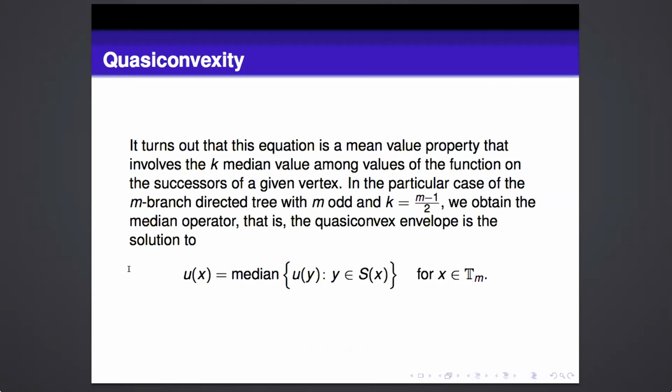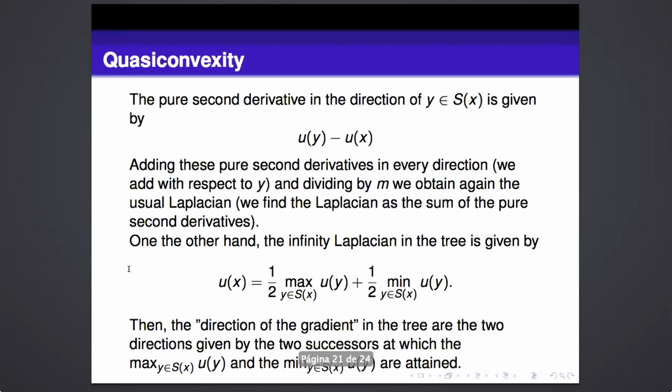Okay, in terms of the parallel that we made with the equations in the Euclidean setting, what is the second derivative? A pure second derivative is going to be for us the difference between u of y minus u of x for some y a successor of x. So you are taking one direction to go down, and you're computing the difference between these two nodes going down.